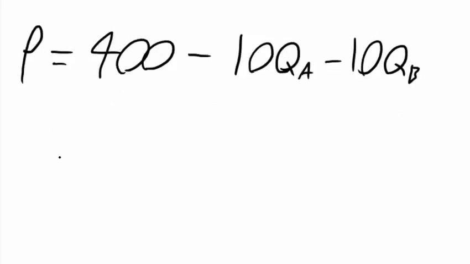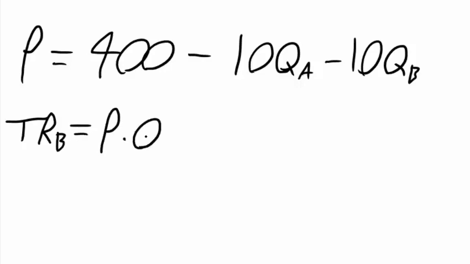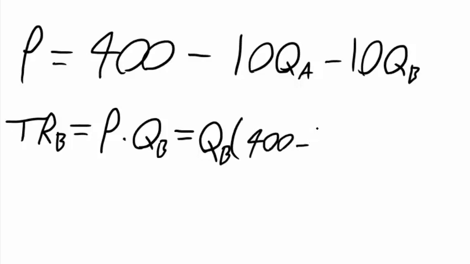So we have to go back to our original price function and find the total revenue of B, which is equal to price times QB, which is equal to quantity B times our price function of 400 minus 10 QA minus 10 QB.